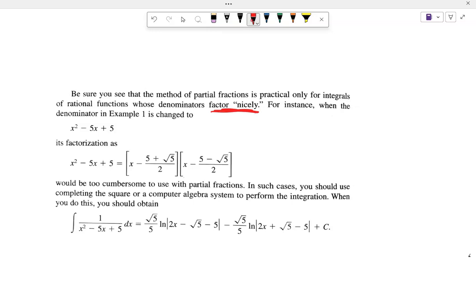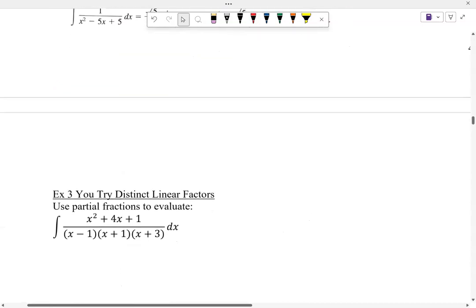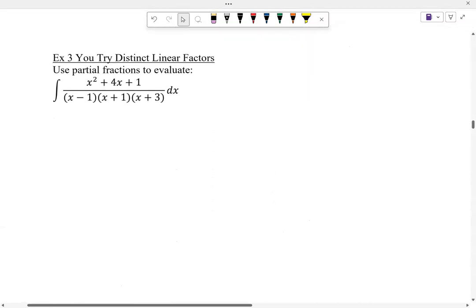Like, if this denominator, instead of being x squared minus 5x plus 6, was x squared minus 5x plus 5, that does not factor nicely, and this is way cumbersome with partial fractions. It's a total nightmare, right? So this is for very nice factorable denominators. This one is already factored for us, the denominator.